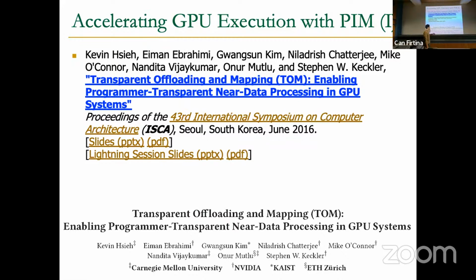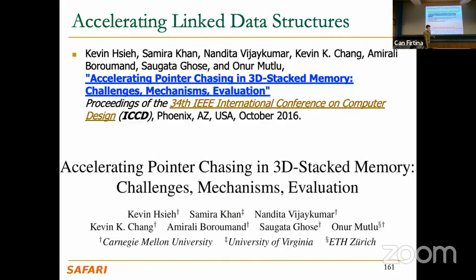This transparent offloading and mapping work, the TOM paper, is about analyzing general-purpose GPU workloads from popular benchmark suites in the GPU community, and identifying which of these workloads have parts of the execution that could benefit from some sort of processing in memory, by creating what you can see as small GPUs inside the memory.